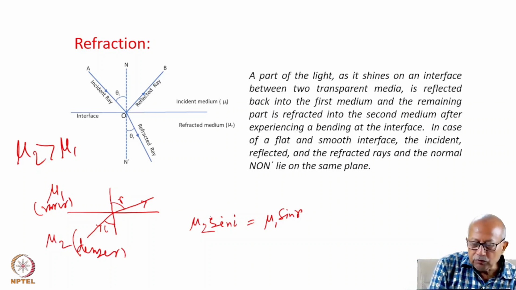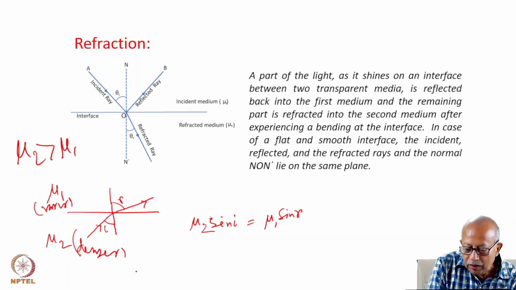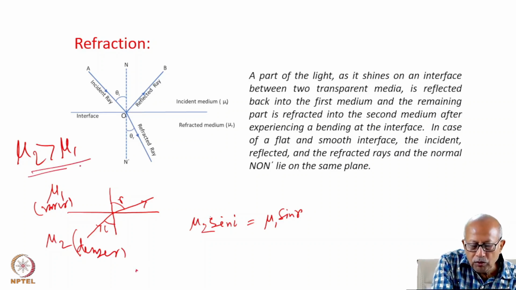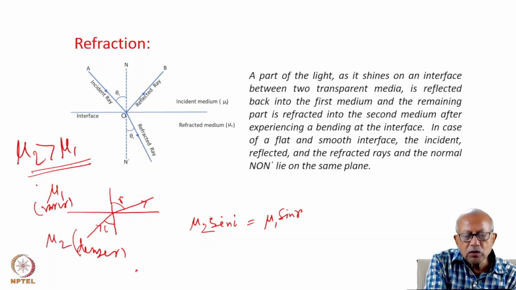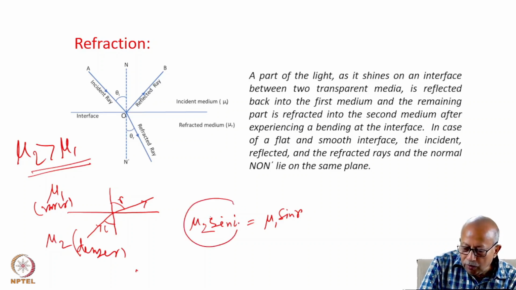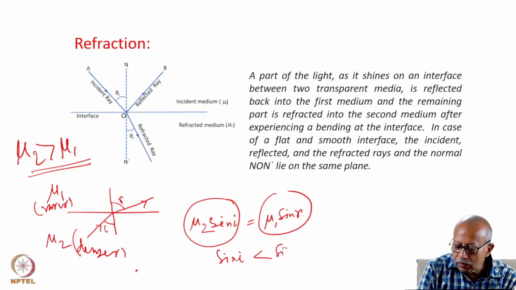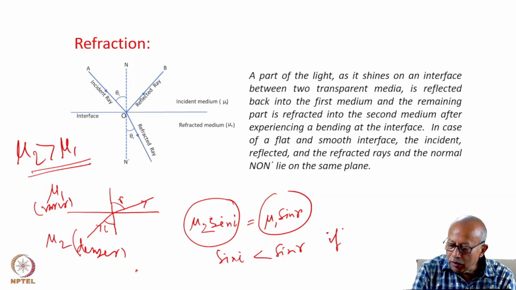Now let us assume that the light is traveling from denser to rarer medium. That is, mu2 is greater than mu1. If mu2 is greater than mu1, then to keep the product same, sin I must be less than sin R.